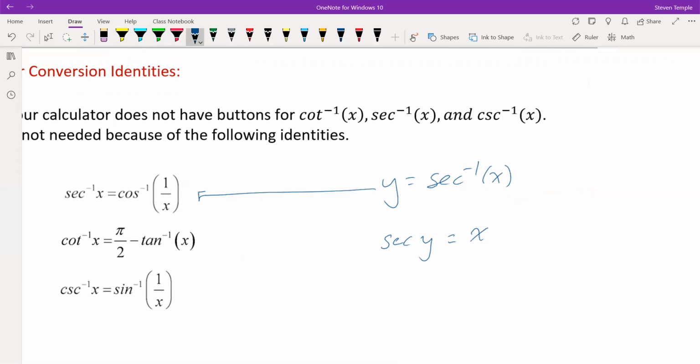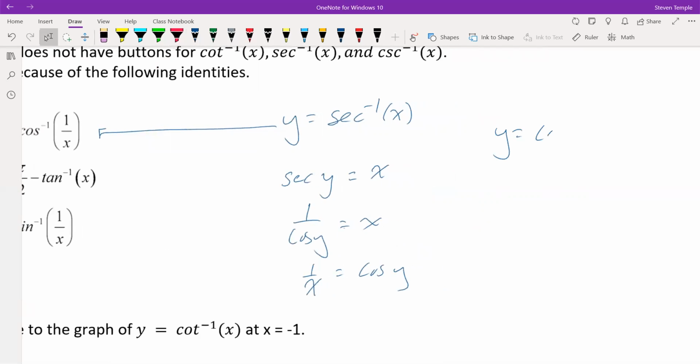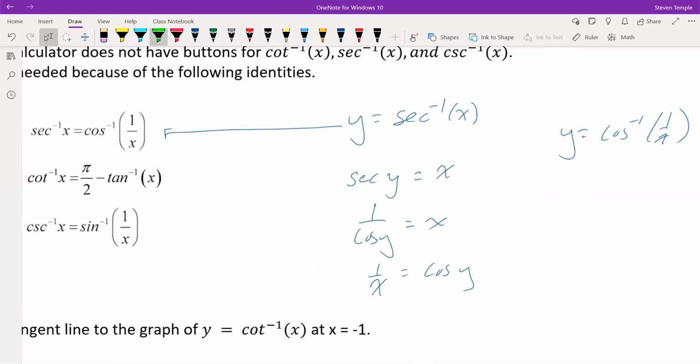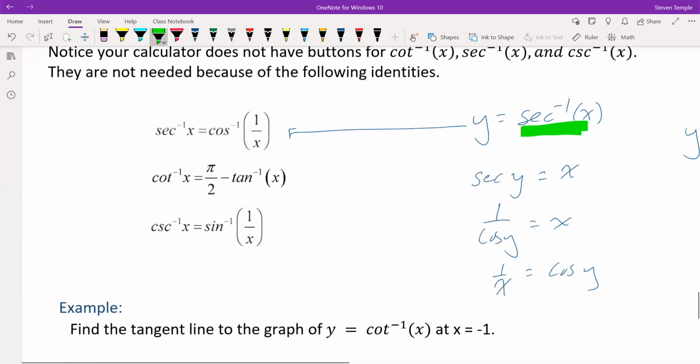I'm going to rewrite secant y as 1 over cosine y equal to x. I'm going to multiply by cosine y and divide by x, the old switcheroo, and get 1 over x equals cosine y. Now I'm going to take the inverse of both sides because I want to solve for y. That leaves me with inverse cosine of 1 over x. So these two are the same. If you wanted to graph this in the calculator, you have to put this in for it. And there are the other ones right here as well.